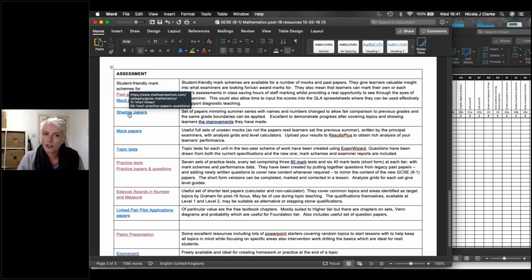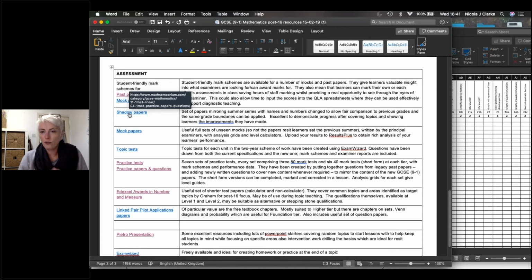If you've taken either a shadow or the real paper, and you've got a bunch of results for each learner, and then they do the alternative. So if they do the live papers, they get a bunch of results. They take the shadow paper later after they've done some work on the weaker areas. You've got a direct comparison to show them then.